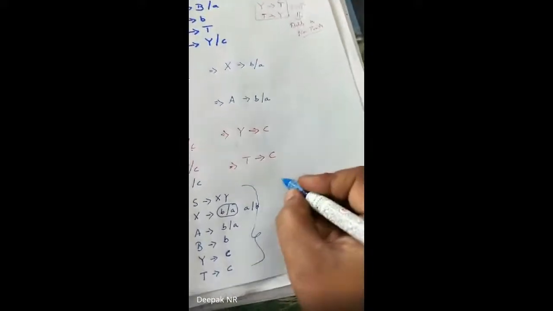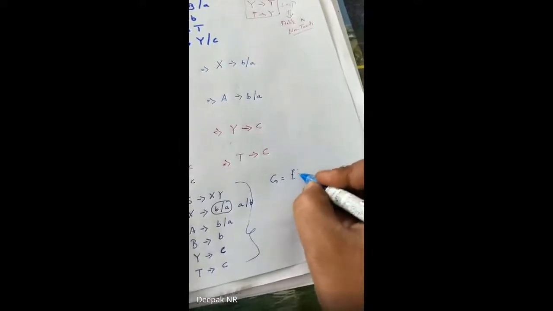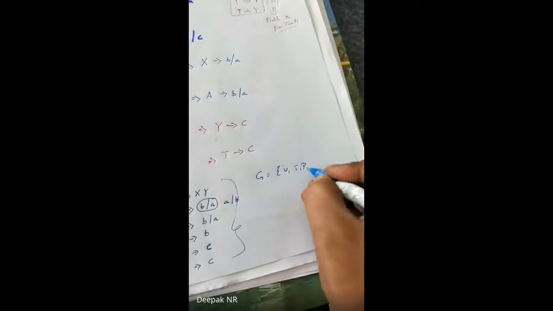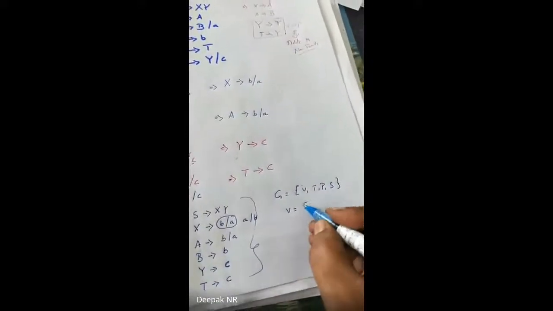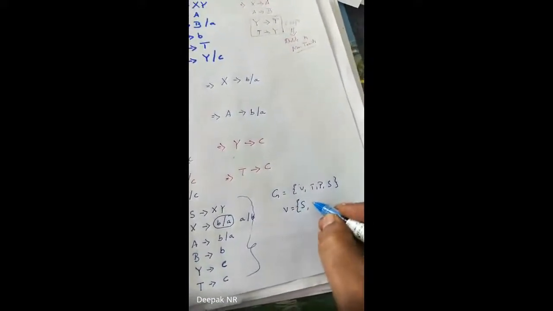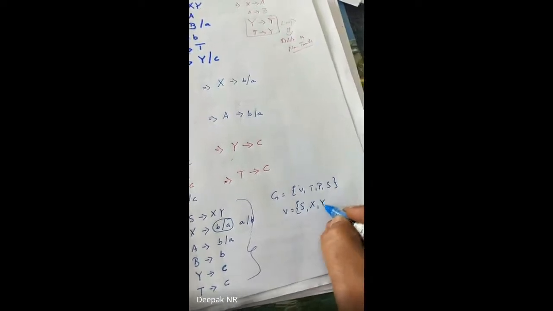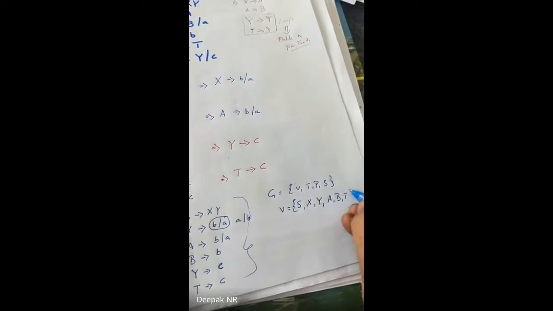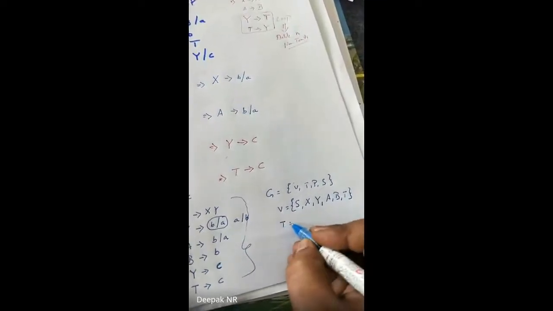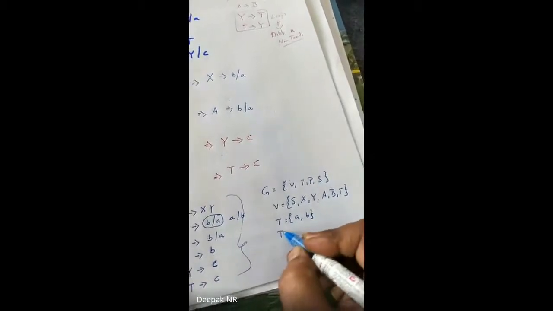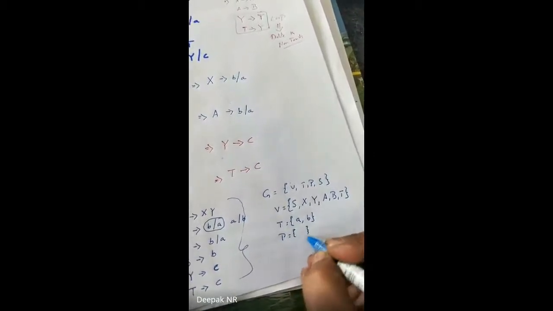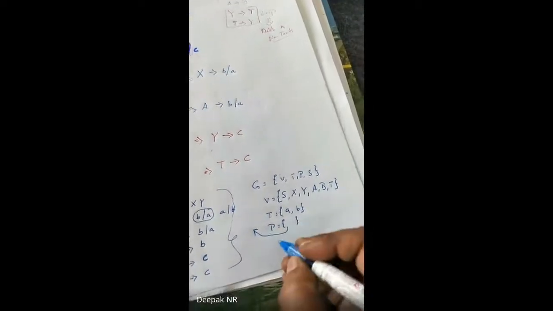So at last, I write G equals V, T, P, and S. Clear? What are the variables used? If you observe, the uppercase are S, X, Y, A, B, and T. These are variables, and the terminals are a and b, and my productions are, I rewrite everything, correct?